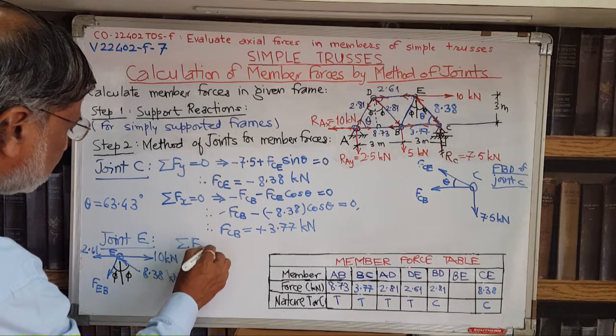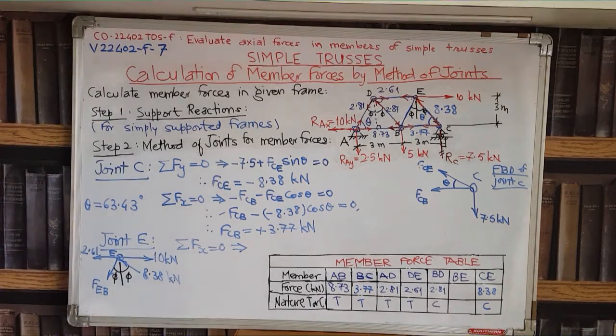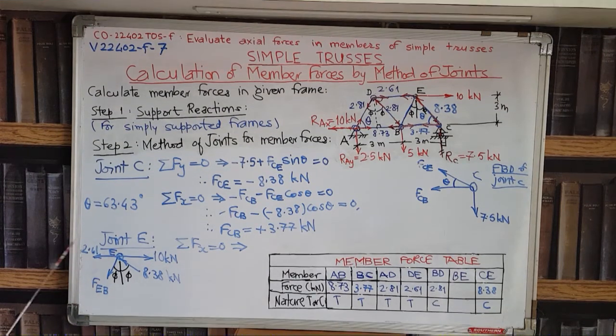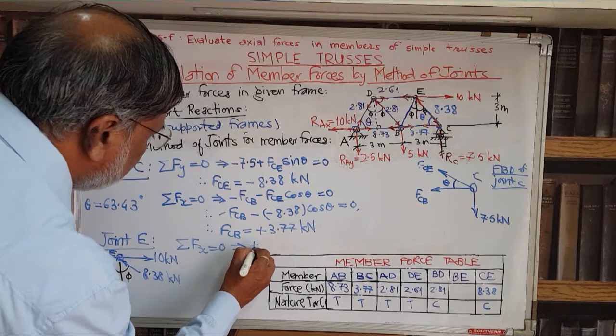This condition will look at all the forces here in x direction. The first one is 10 kilonewton towards right, so it is plus 10.